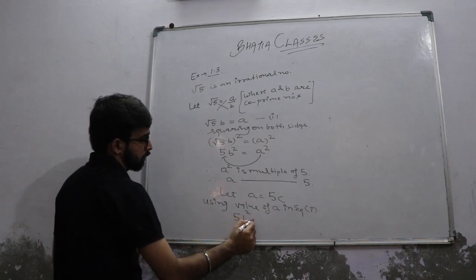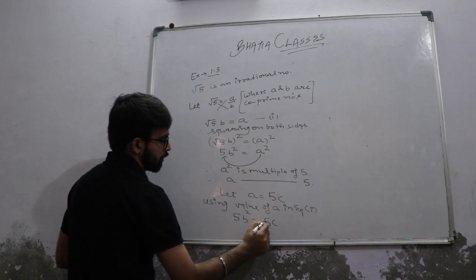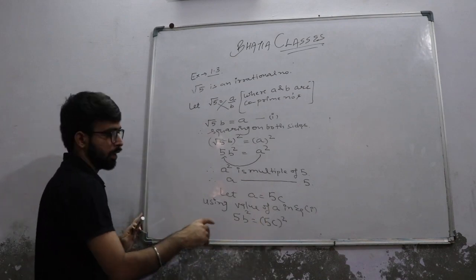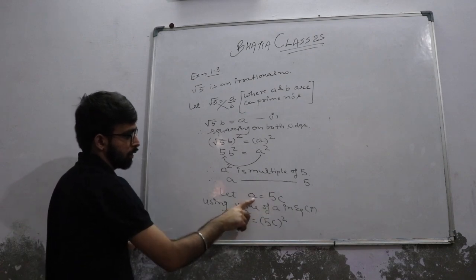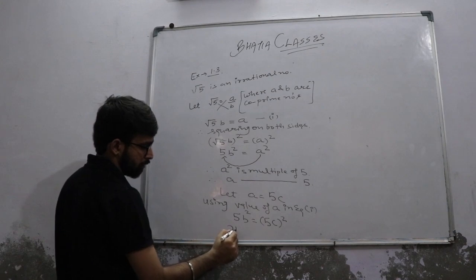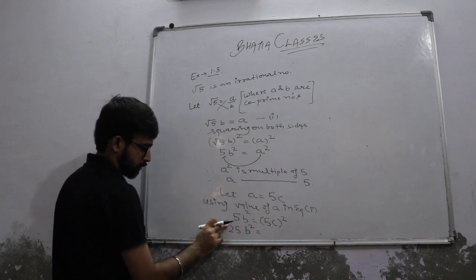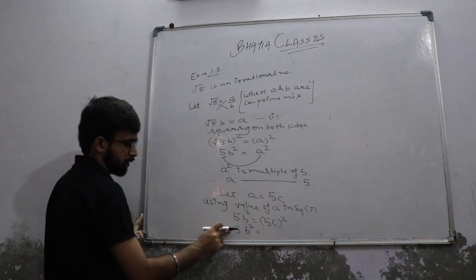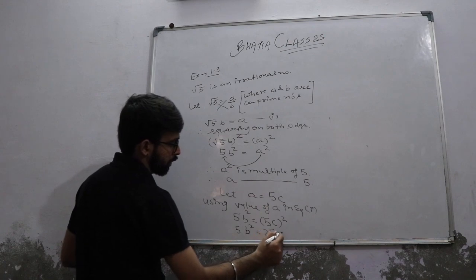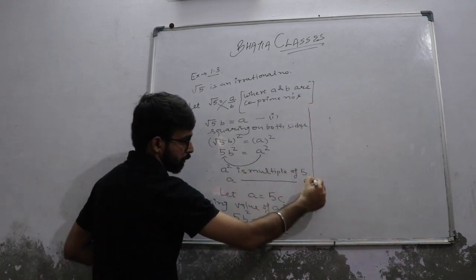5b square is equal to 5c square. Here you can see that I have put the value of a here. 25c square, sorry, by mistake I have written 5 here. 5b square equal to 25c square.